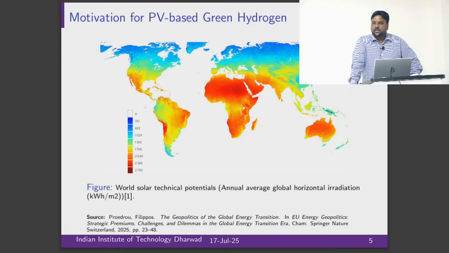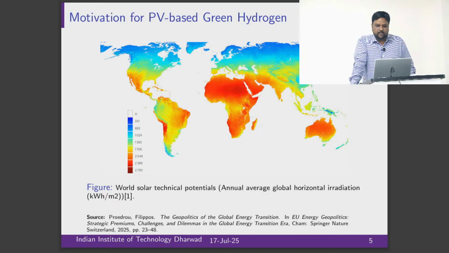Again, this is a sketch of the solar irradiance distribution, and the scale is basically a radiation scale. Based on the geographical location, we get more and more solar irradiation.